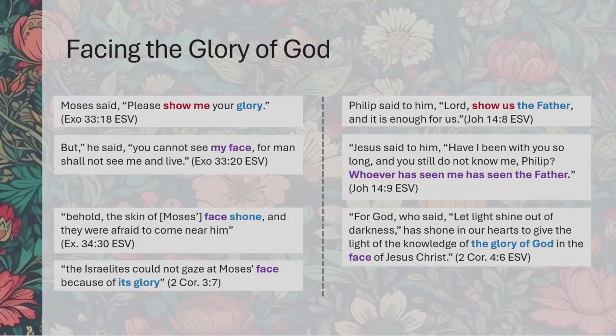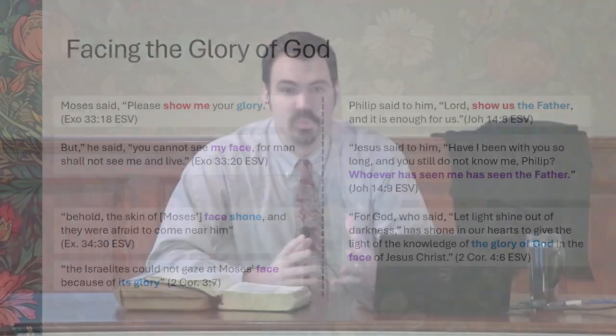So though the Israelites could not see the face of God, all of us are invited to gaze upon the face of Jesus, the glory of the knowledge of God that does not pass away, that is permanent and steadfast, that is not terrifying. It's a view that we can comprehend, we can understand. It's relatable. It's not terrifying. All of these are attributes of how Jesus manifests his Father.